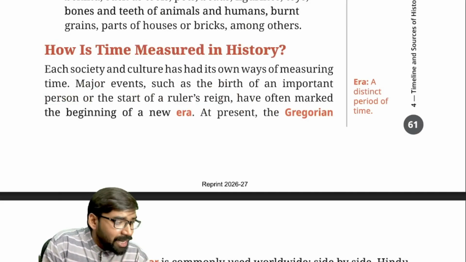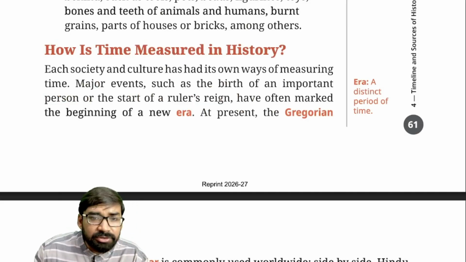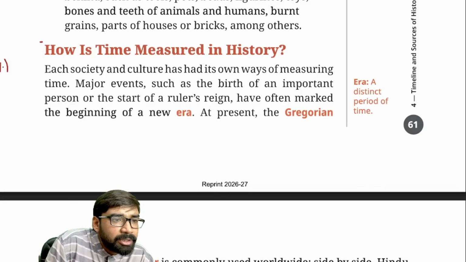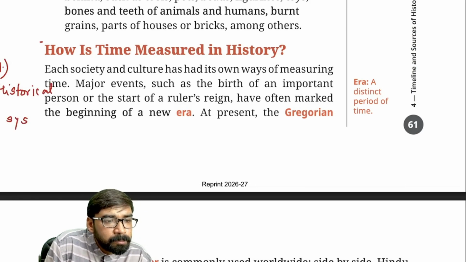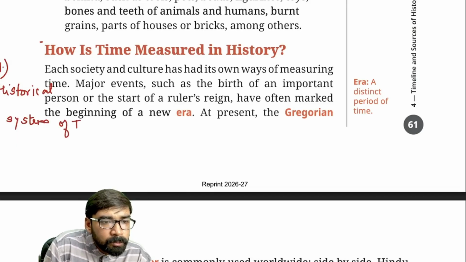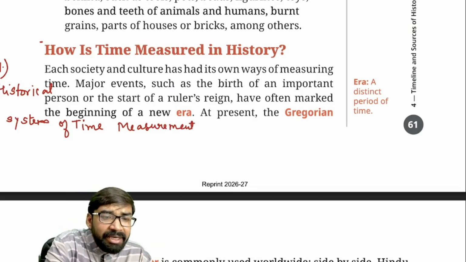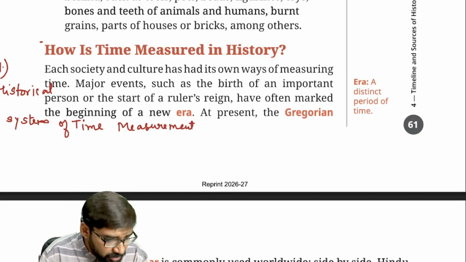First, we need to understand the historical system of time management or time measurement. ठीक है. अब सबसे पहले हम डिस्कस करेंगे फर्स्ट पॉइंट हियर, historical system of time measurement. फाइन. अब ये क्या है हिस्टोरिकल सिस्टम ऑफ टाइम मेजरमेंट, है ना.